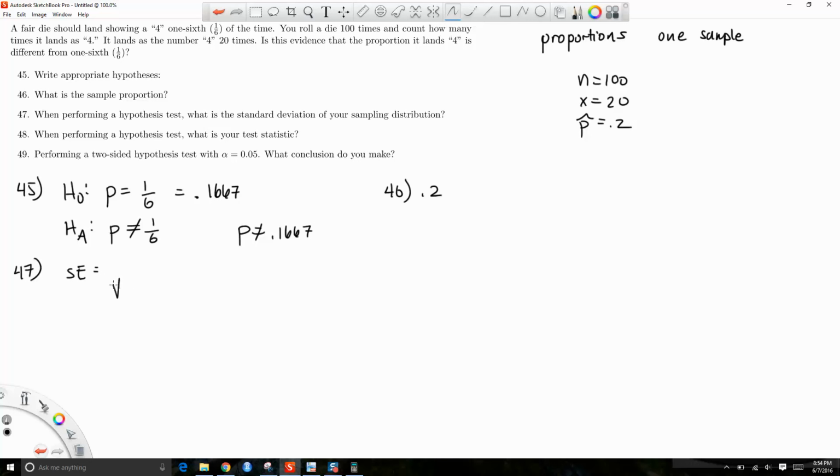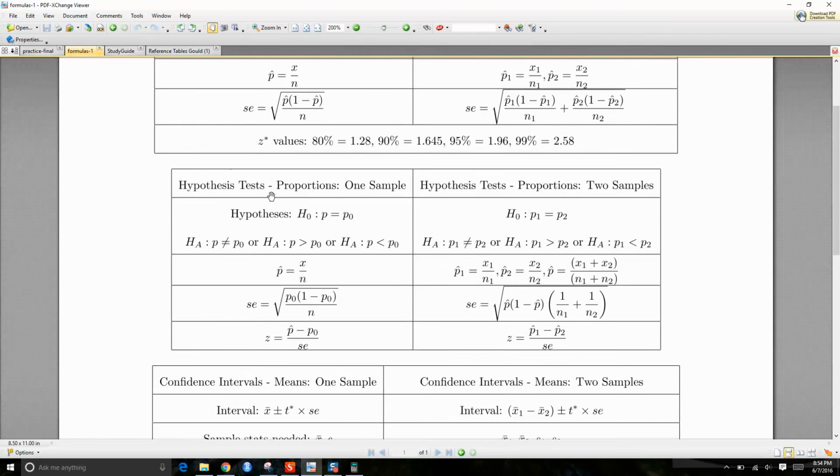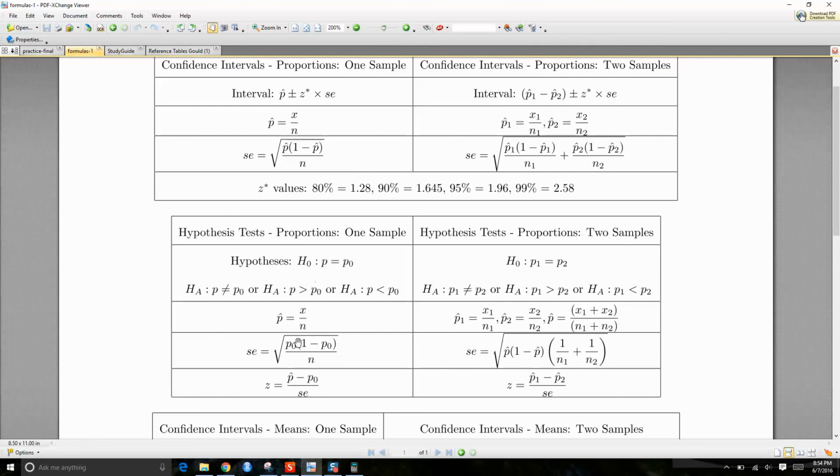And so this is the square root. And because it's a hypothesis test, we're going to use P0 times 1 minus P0 over n. Okay, and so again, all of this is detailed on the formula sheet and the study guide. Here it says use the P0 for a hypothesis test, and over here it says use P hat for confidence intervals.